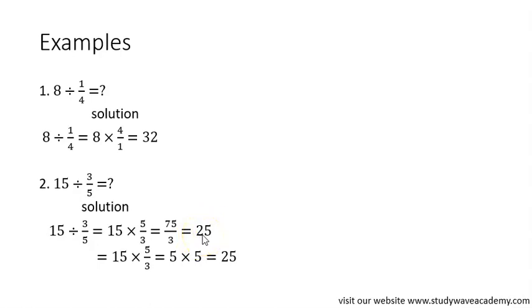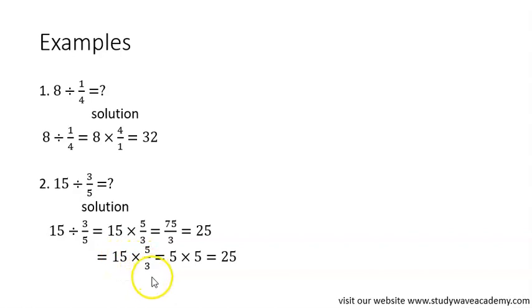Or we can use the cancellation method. So when we exchange our numbers and we get to this point, 15 times 5 over 3, we can cancel, okay? We can say there's an invisible 1 on the 5. Then we use 3 to cancel 15. If 3 cancels 15, it will be 5.